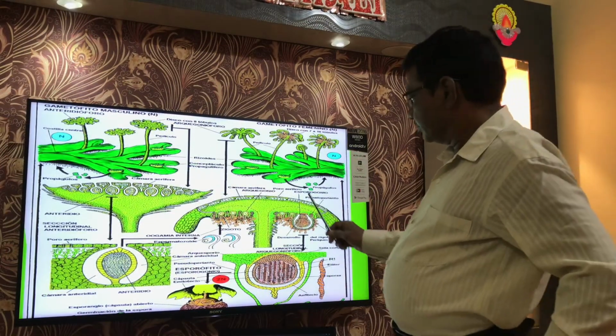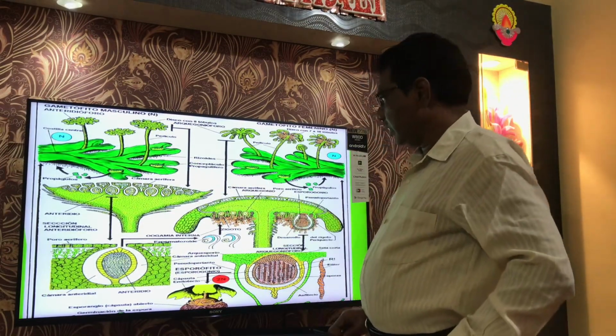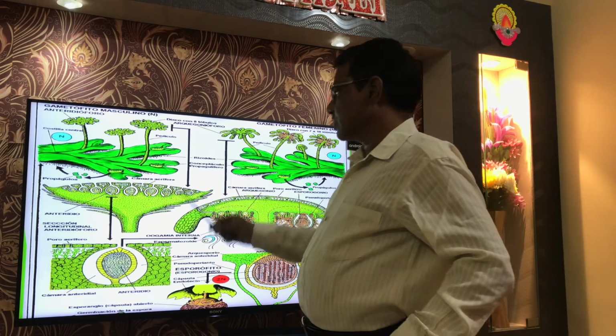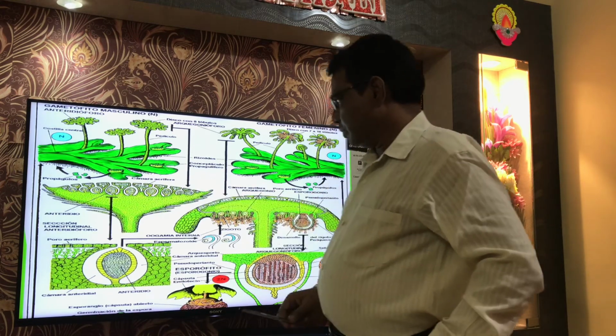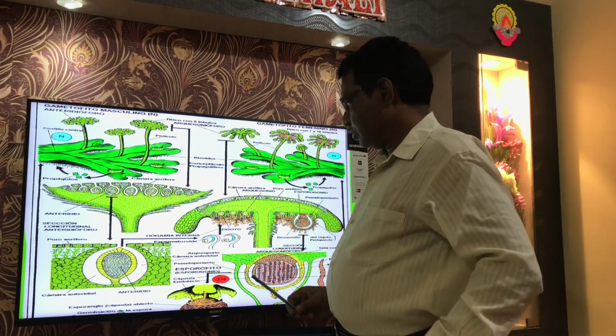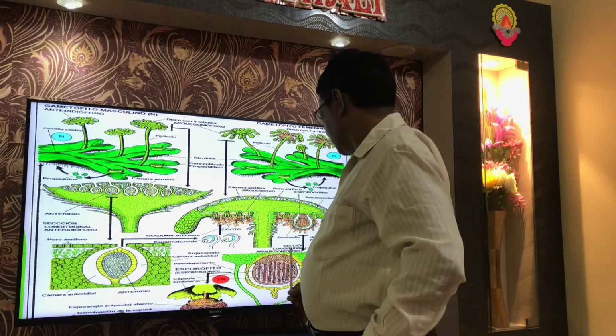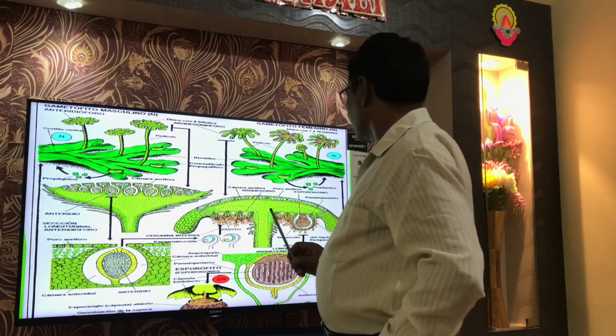So here in this slide we have a detailed structure of the antheridiophore, archegoniophore, structure of antheridia and structure of archegonia.